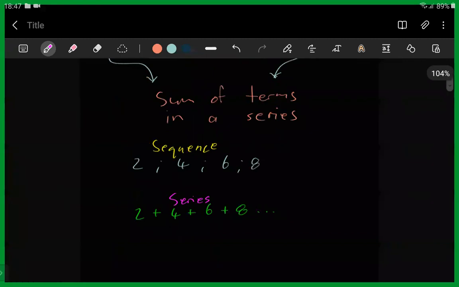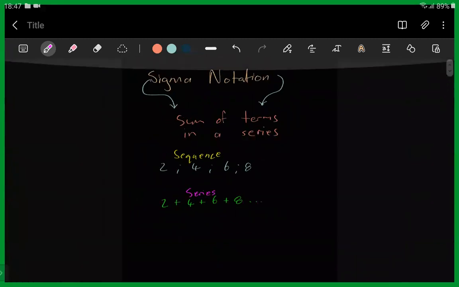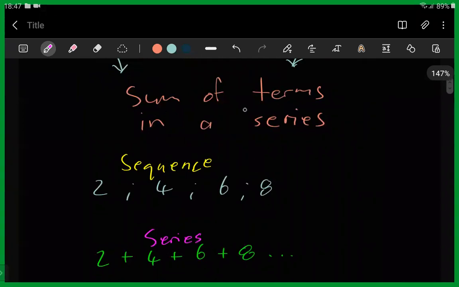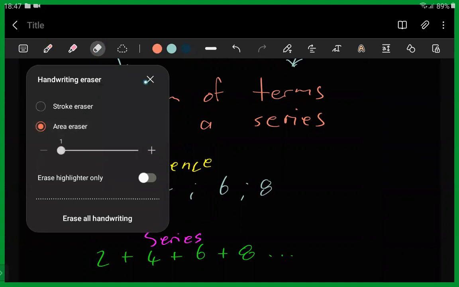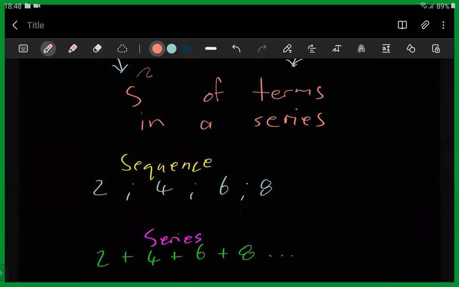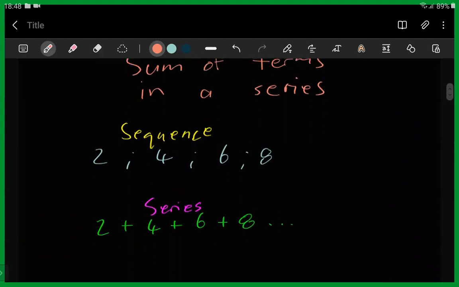So when you're dealing with a series, you are able to work out the sum of terms in that series. It all depends on how many terms you're adding up.